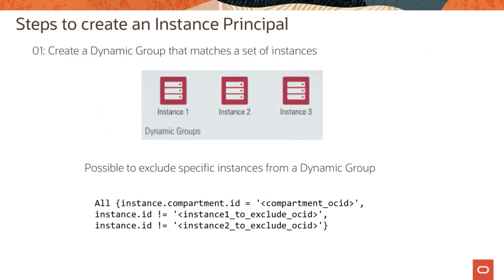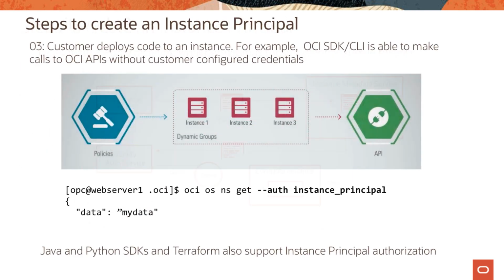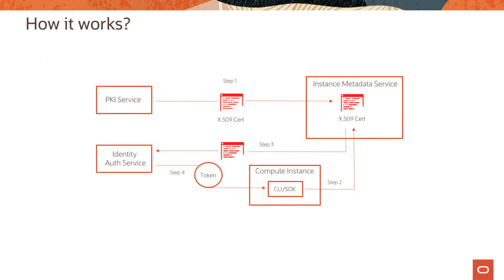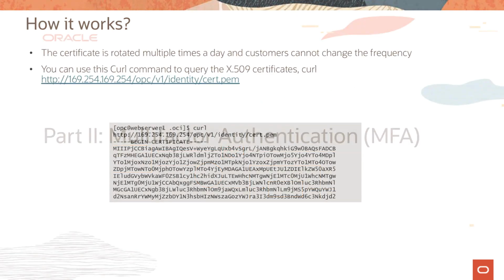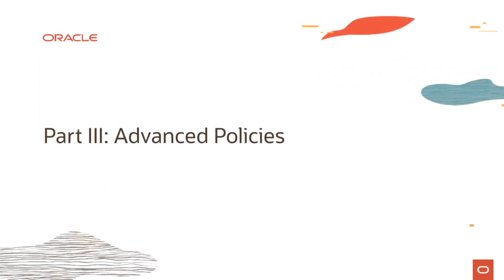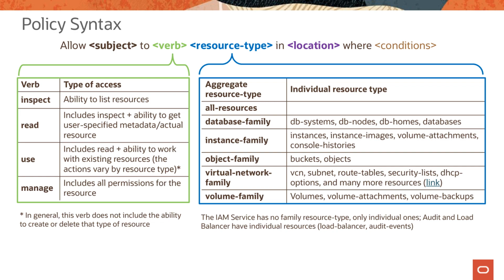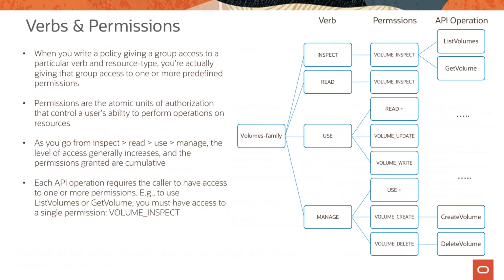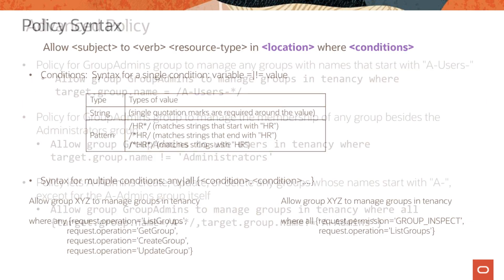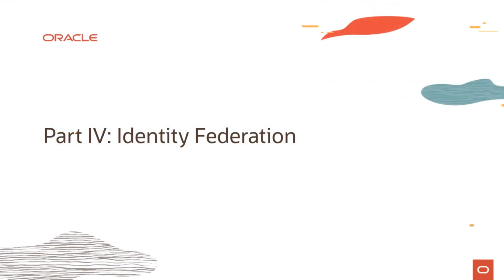Again, instance principals and how they are important and how dynamic groups are created, how they work, and the certificates, how do you get those certificates, and how they are managed, and multi-factor authentication, and the apps that we support, advanced policies, verbs and permissions, and where conditions. Let's go to identity federation.